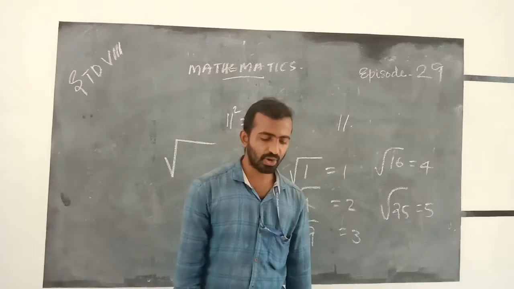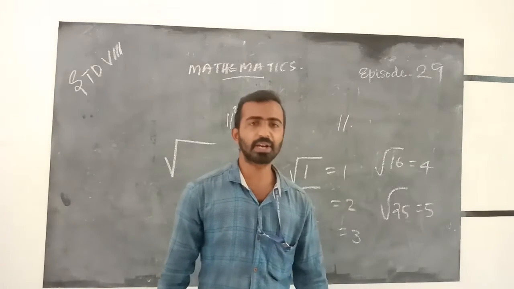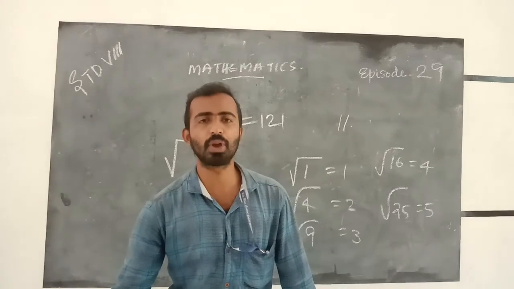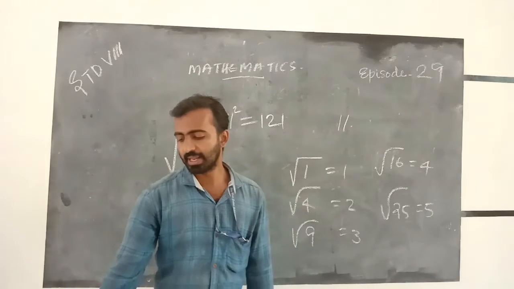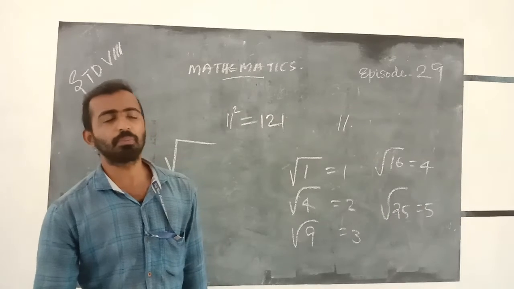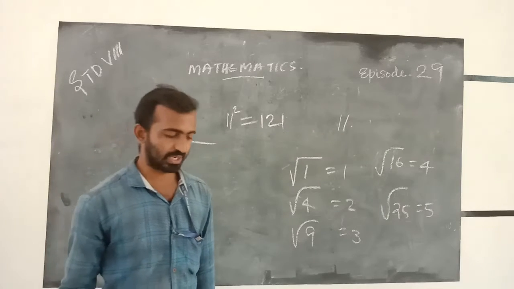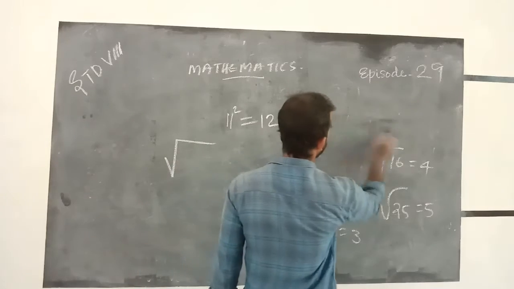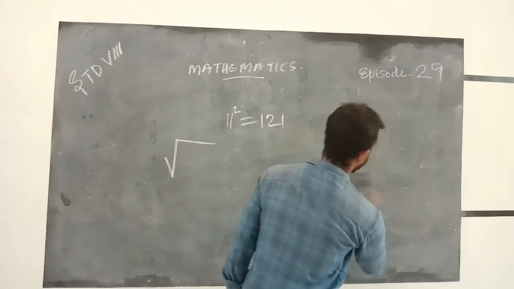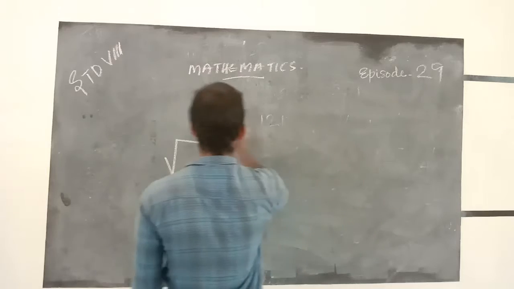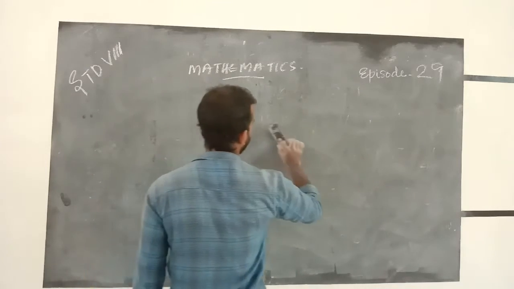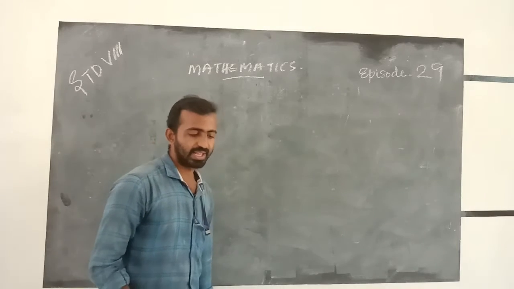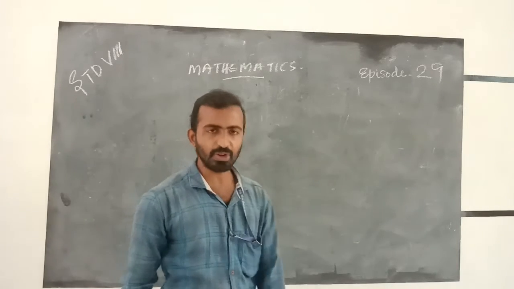Finding the square root through repeated subtraction. We find the square root by repeated subtraction.